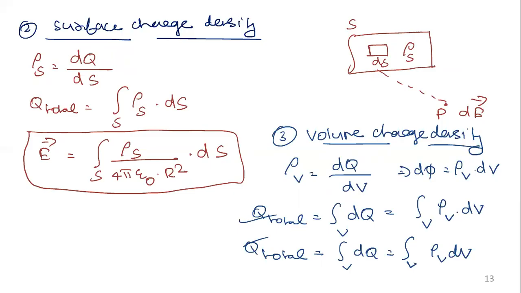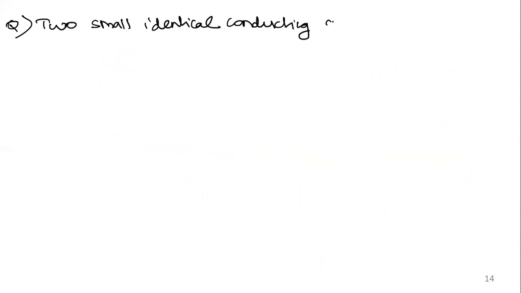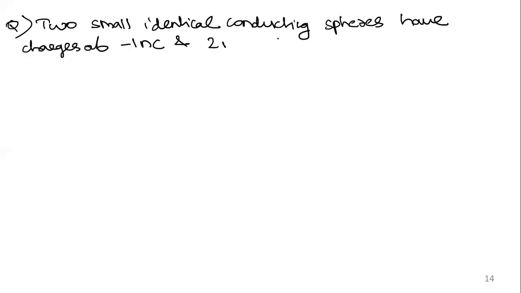Okay, we'll do one problem and then wind up. So please write down the question along with me. It's a very small question, but you need to think also. Two small identical conducting spheres have charges of -1 nanocoulomb and 2 nanocoulomb respectively.